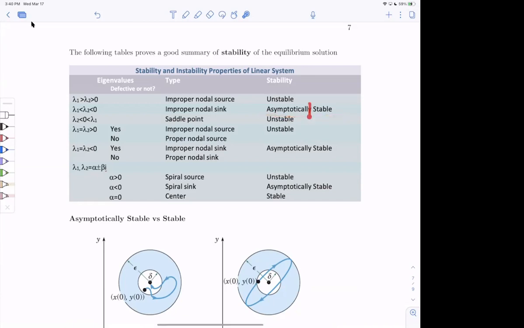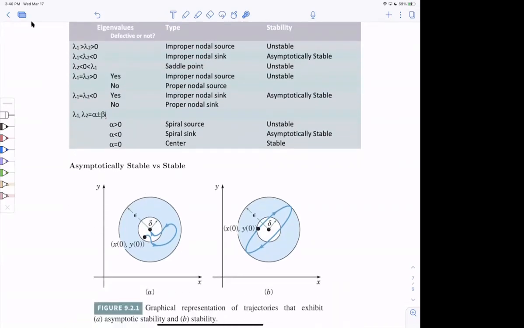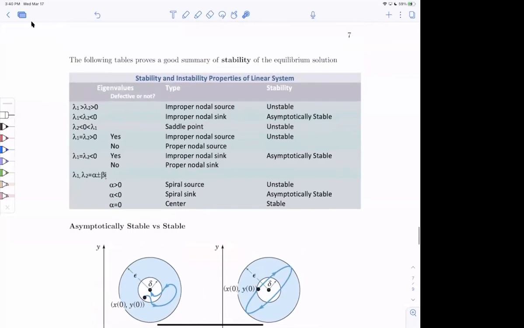So you can just call it stable if you want to. So it's just stable and unstable, but this one is one type of stable, and I want to explain the difference between just stable and asymptotically stable. But for now, for this chart, when you put stable or unstable, you can ignore the asymptotically.